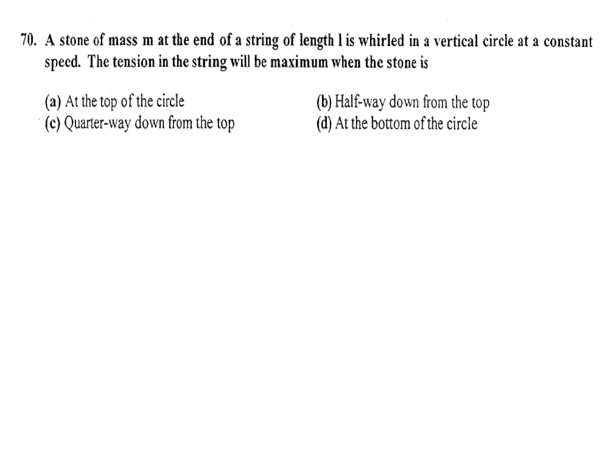A stone of mass m at the end of a string of length L is whirled in a vertical circle at a constant speed. The tension in the string will be maximum when the stone is at which position?